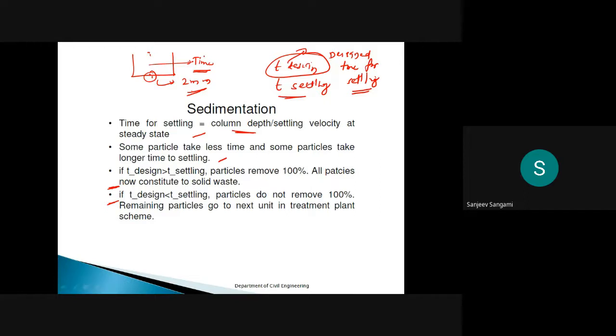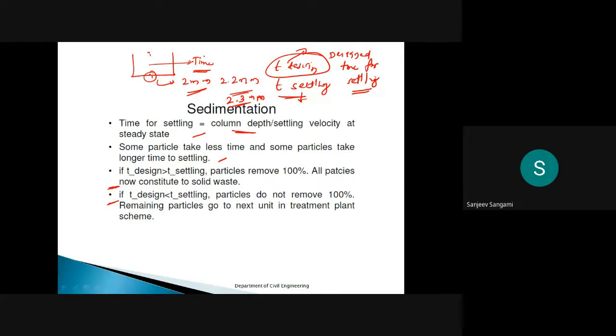You will design that this particle has to settle within 2 minutes. But it won't be the same as the time of settling. Sometimes it may take 2.2 minutes, sometimes 2.3 minutes. That is the design time and the settling time.